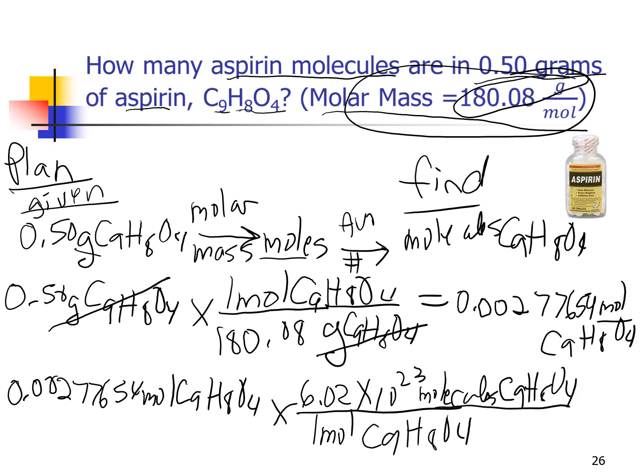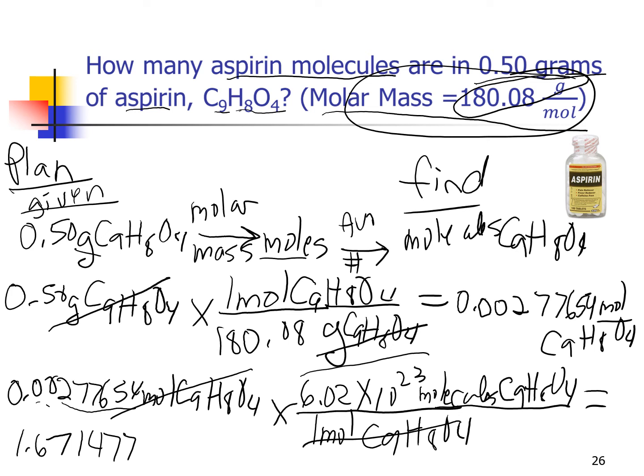Now we can cancel moles of aspirin and we'll be left with just molecules of aspirin. So then we do our math. 0.0027764 times 6.02 times 10 to the 23rd, and that equals 1.67147 times 10 to the 21 molecules of aspirin.